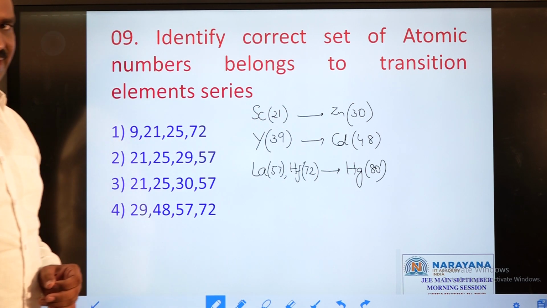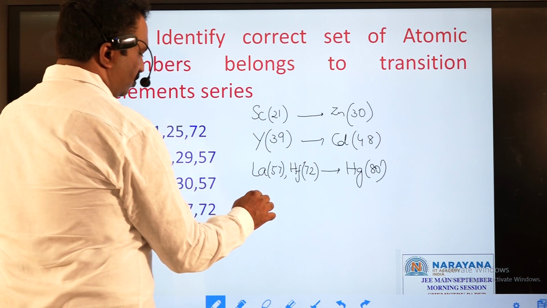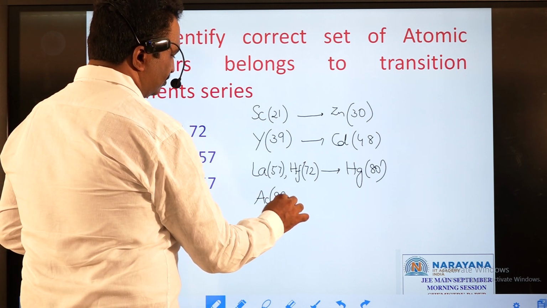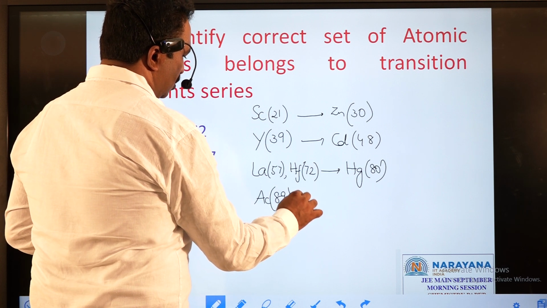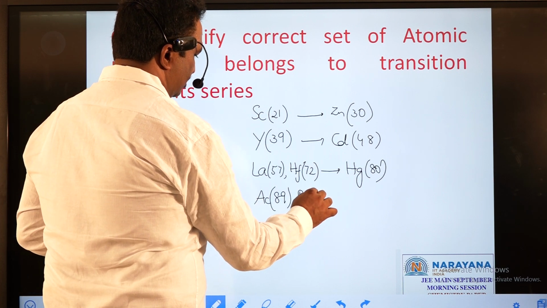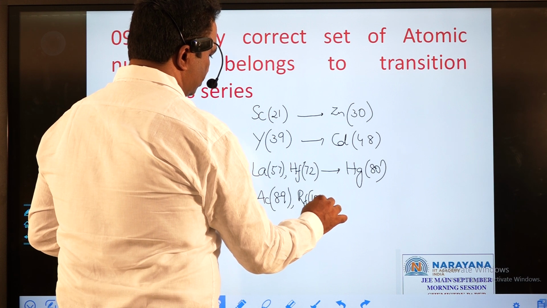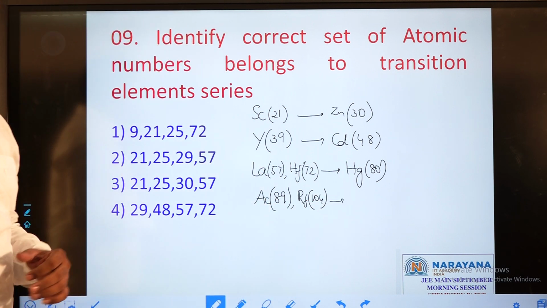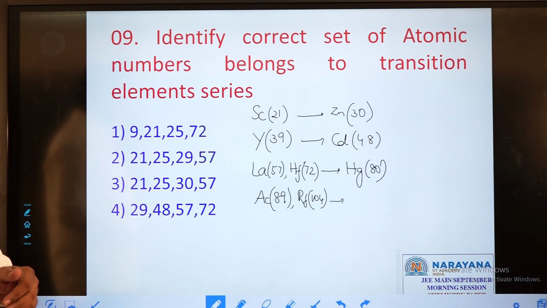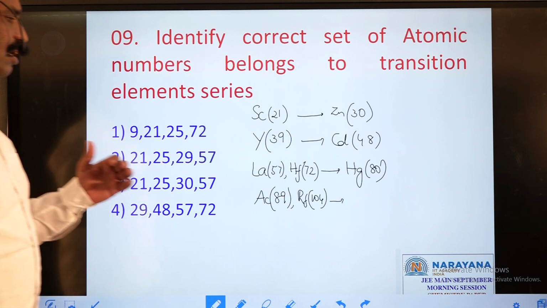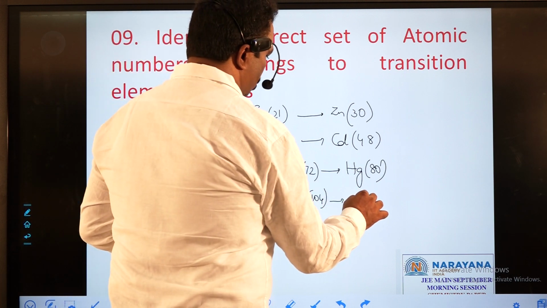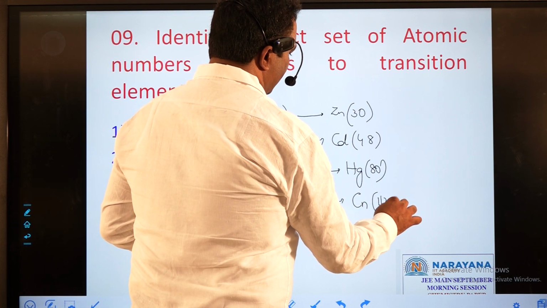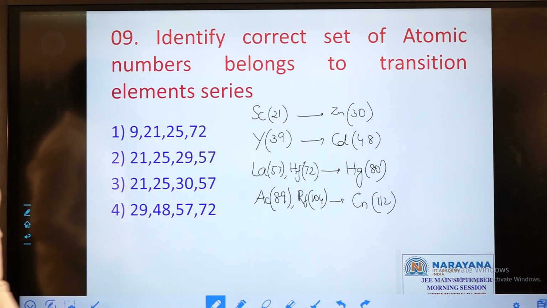That is the 5d series. Next we have actinium, 89, and rutherfordium, 104. Between 89 and 104 we have 14 elements, which are actinides. This goes up to copernicium, Cn, with atomic number 112.